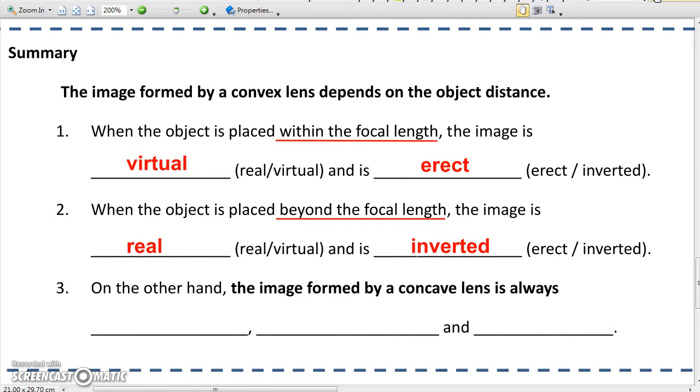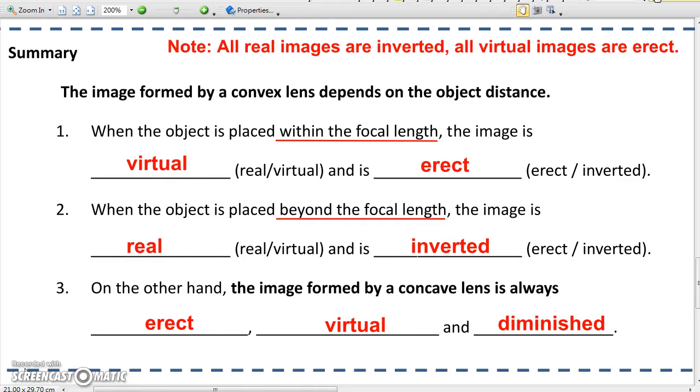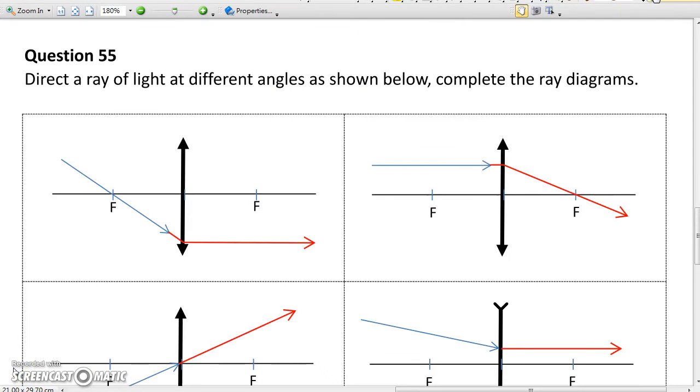On the other hand, for image formed by concave lens, it is always erect, virtual, and diminished. From these observations, we find that all real images are inverted and all virtual images are erect. And these are the answers for question 55.